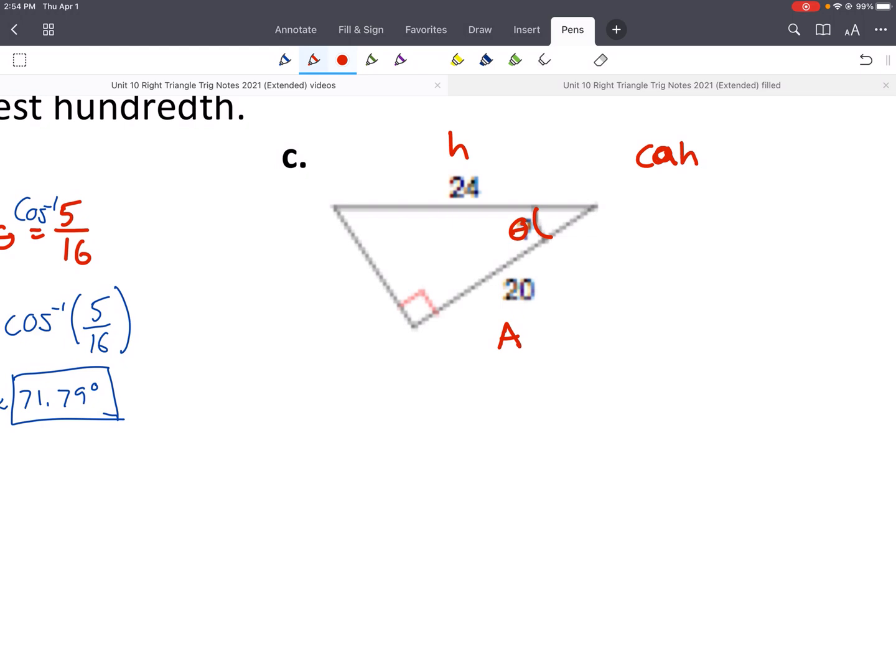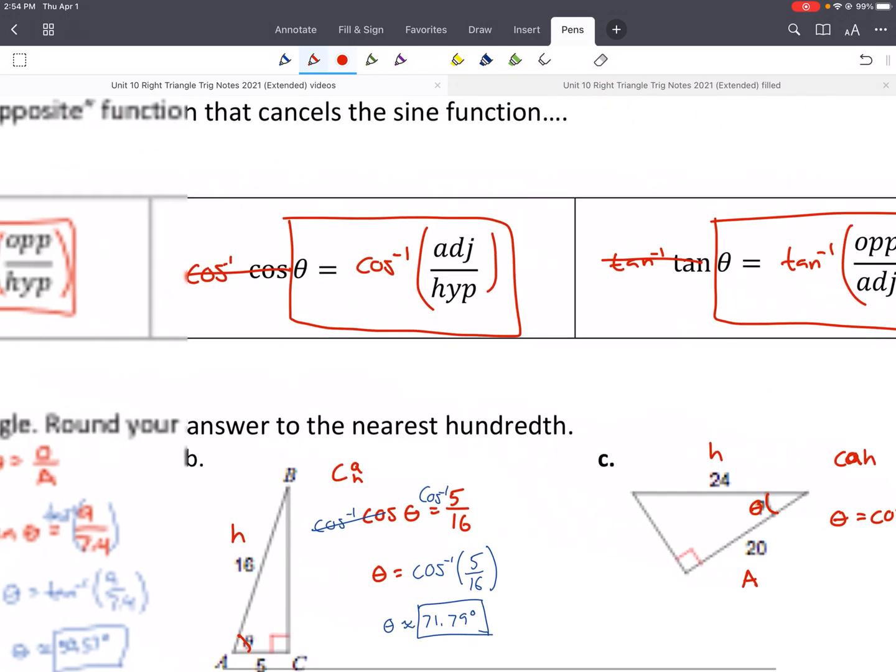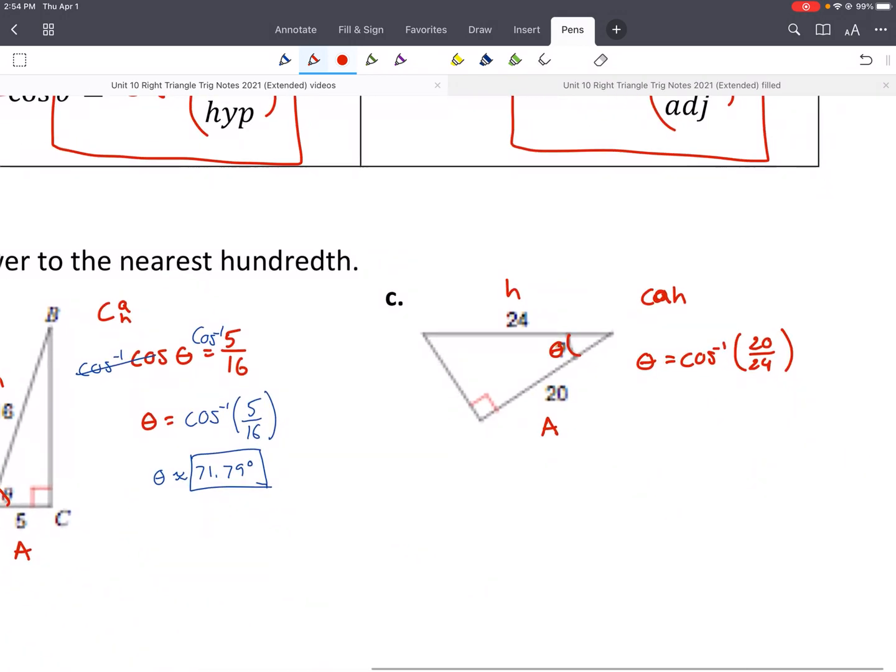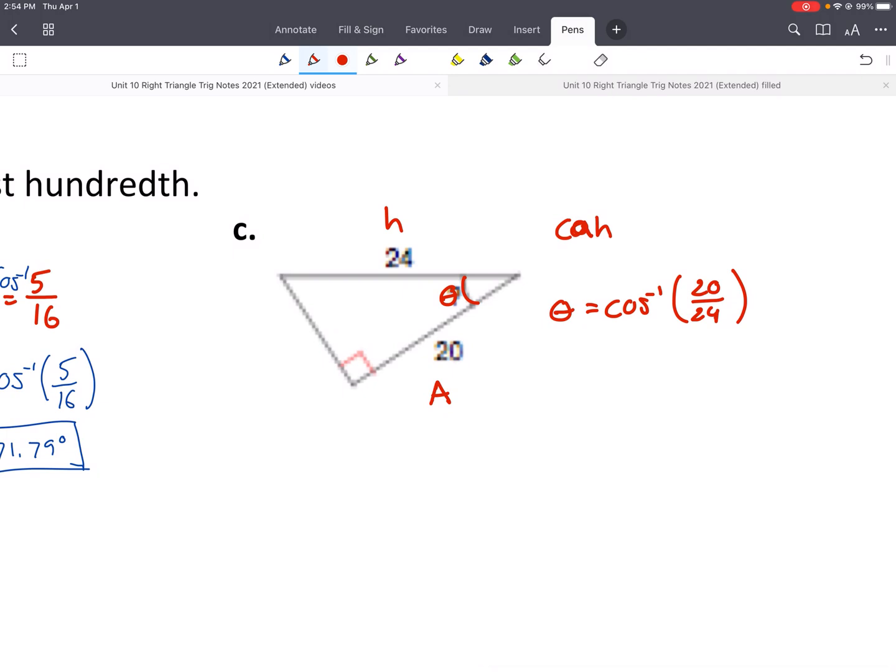At this point I'm okay if you just do theta is equal to cosine inverse of adjacent over hypotenuse, so 20 over 24. You can basically go straight from what we have up here and plug in those sides. So here we'd end up getting theta is approximately equal to 33.56 degrees.